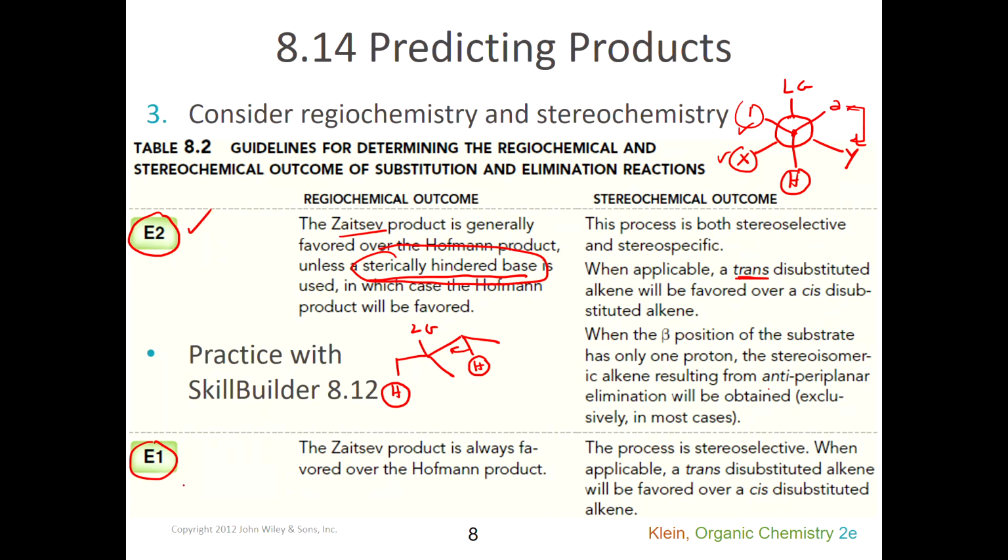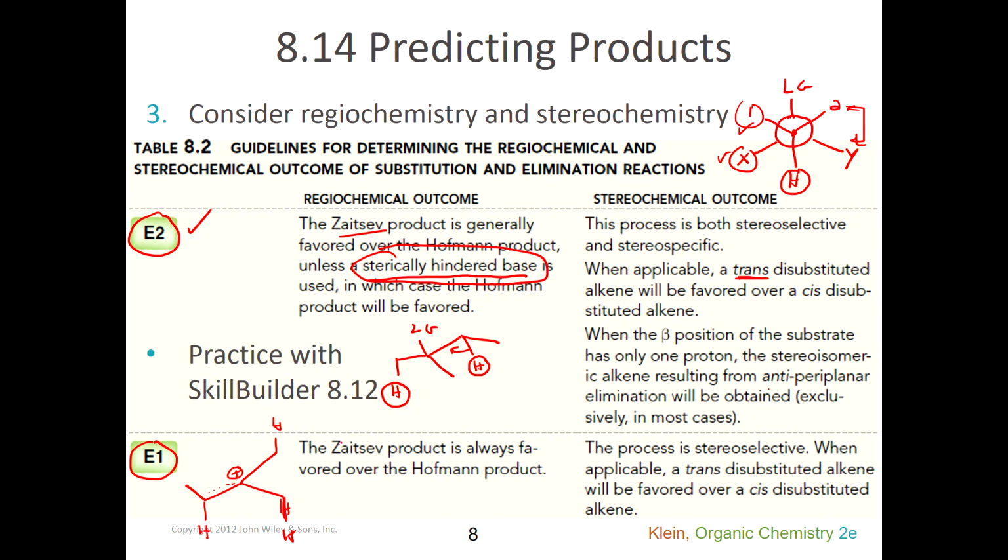If it's an E1 mechanism, then we're going to go through a carbocation. And once the carbocation forms, whichever beta proton produces a more substituted carbon-carbon double bond, that's the one that will be picked off. So if there are multiple beta protons, maybe here I've got some extra stuff attached, then I would expect the pi bond to form over here, because as it's forming and after it forms, it's more substituted with carbon groups than with hydrogen, and that would help to stabilize it.